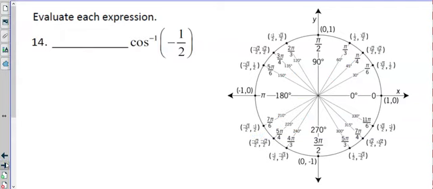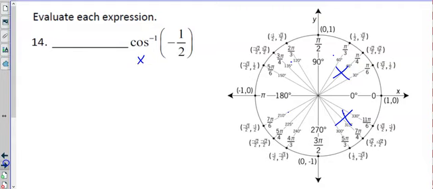Next one, inverse cosine of negative 1/2. So it is definitely not going to be in the first quadrant because everything's positive up there. And then All Students Take Calculus, so cosine is going to be positive down here. So it's also not going to be down there. So we are looking for our x value to be negative 1/2.